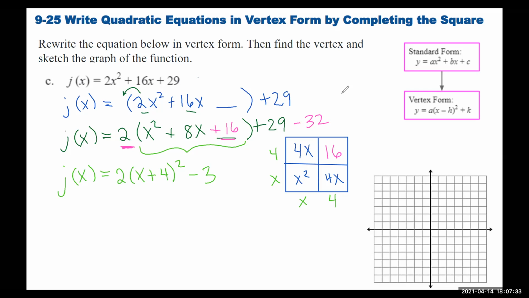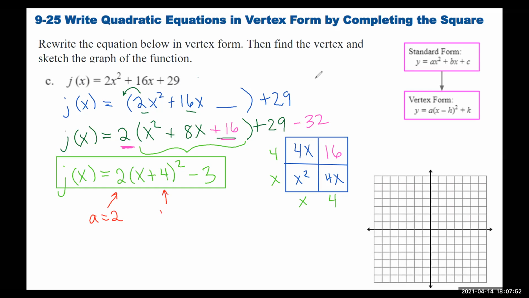All right. This is our vertex form, so it's done. Now I just need to identify my H, K, and A. So look at this now, our A is 2. This tells me that the size and shape of my graph will be twice as steep as a normal parent function of a quadratic.